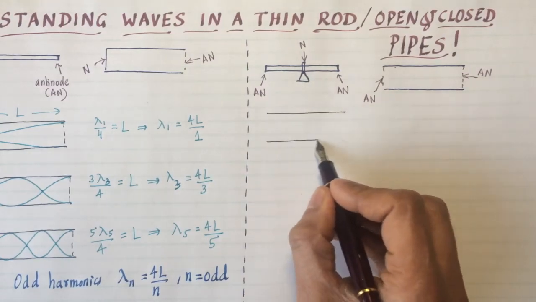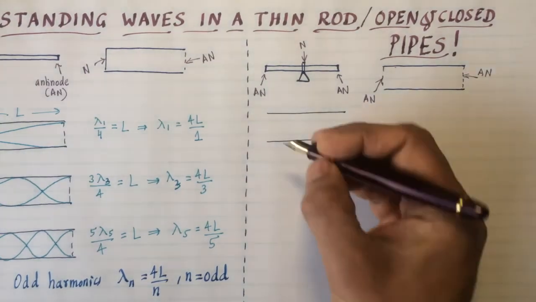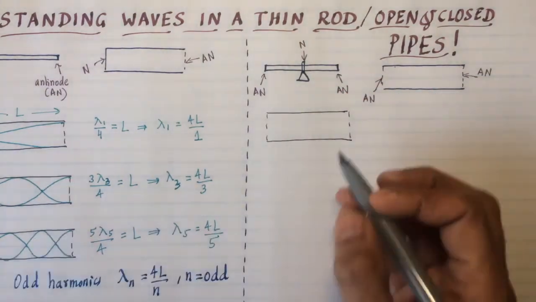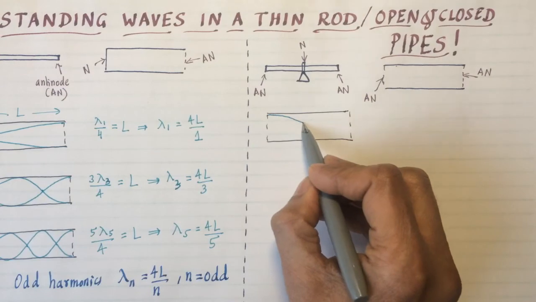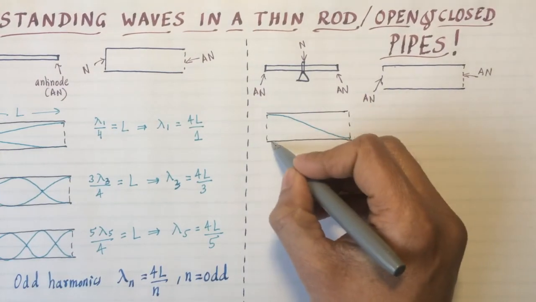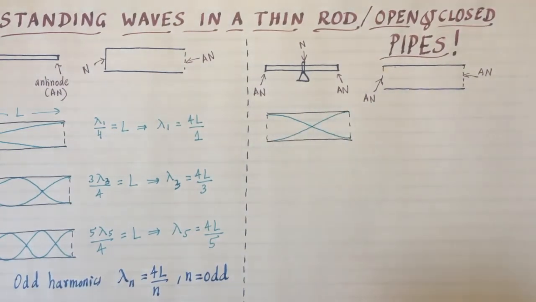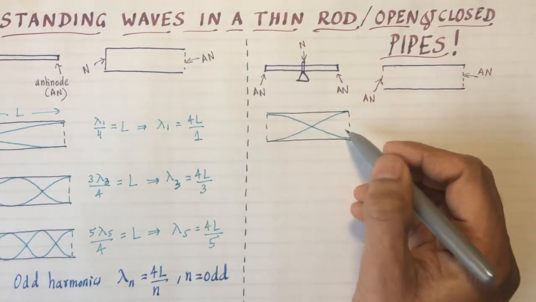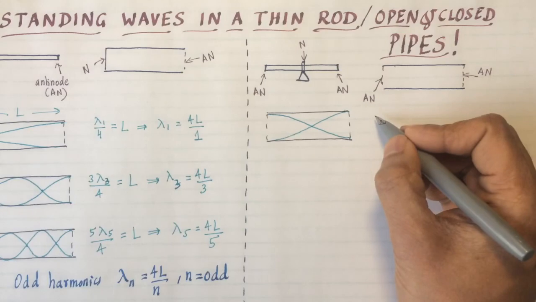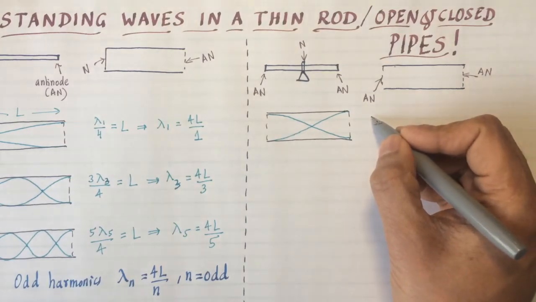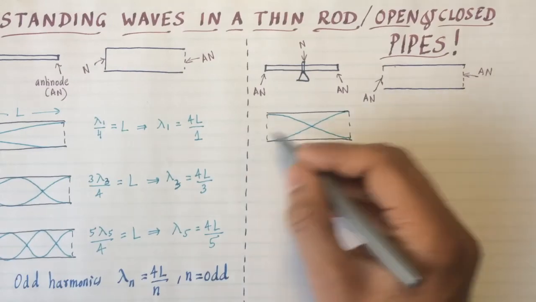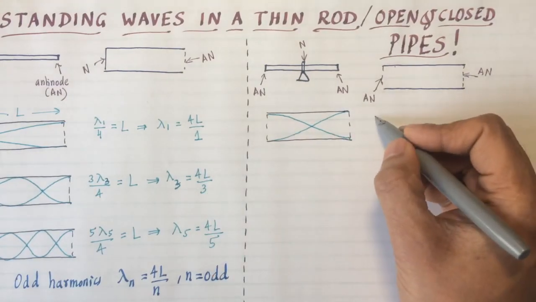So the simplest possibility here is that you have this. Now that's a quarter lambda plus a quarter lambda, and that makes a half lambda, plus a half lambda, which makes a full lambda, and that's equal to a half wavelength.